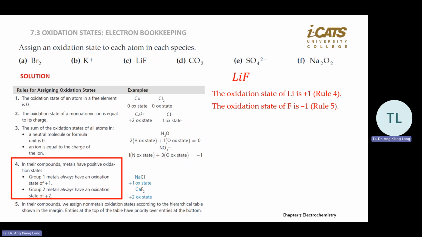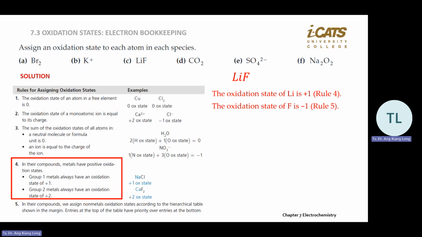It's group number 1 also, okay? Sorry, it's not group 1, but this one you refer to the group also. So Li is group 1, F also group 1, if not mistaken.